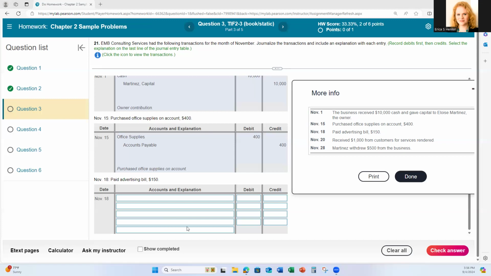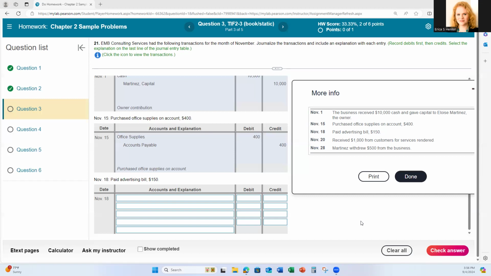Okay. Here we are paying an advertising bill for $150. So we've received a bill just now, and we're going to immediately pay the bill. So we're going to record that advertising expense, and then we're just going to reflect that we're paying the cash. Now, if you remember equity, expenses decrease our equity, so they go the opposite direction of an equity account.